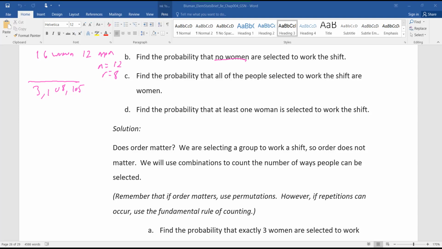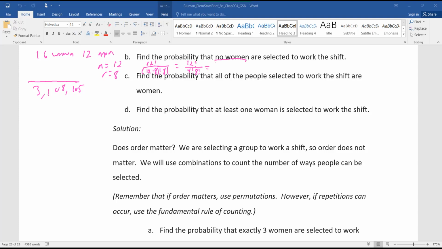To do that, we do the combination. That would be 12 factorial over (12 minus 8) factorial times 8 factorial. Again, that should be 12 factorial over 4 factorial times 8 factorial, making sure those add up to 12.